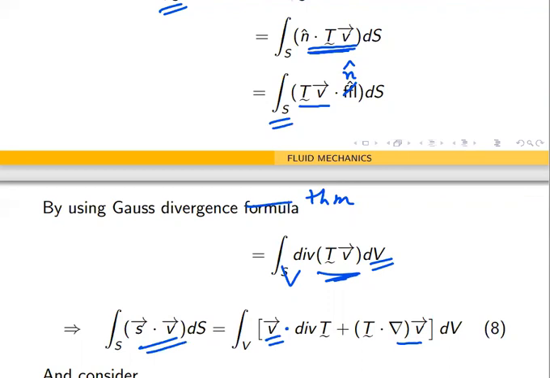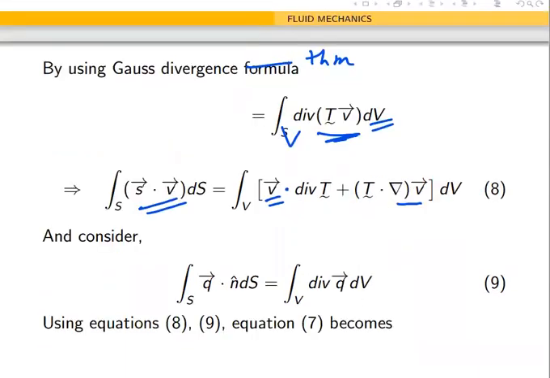Similarly, there is one more surface integral, the surface integral of Q dot N dS. Directly we can apply the Gauss divergence theorem, and we get the volume integral of divergence Q dV. That is called equation 9. Using these two, 8 and 9, all terms on the RHS are now volume integrals.